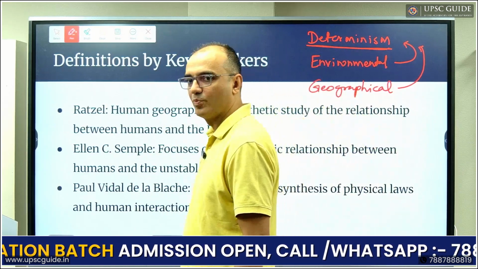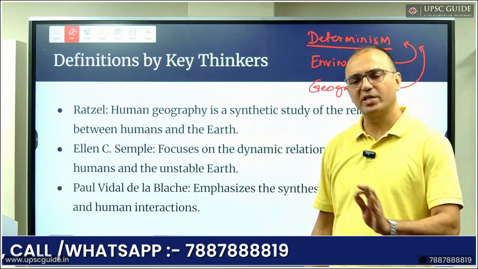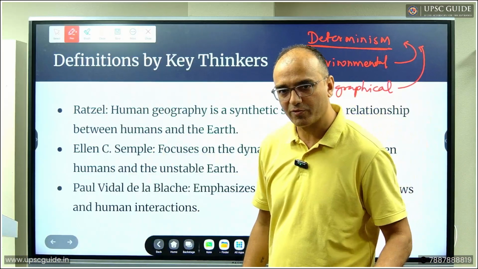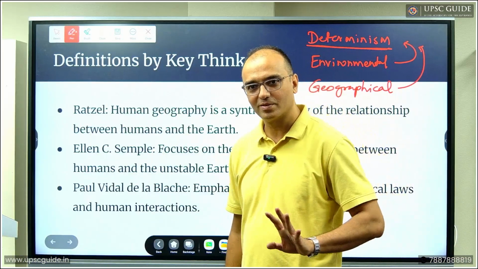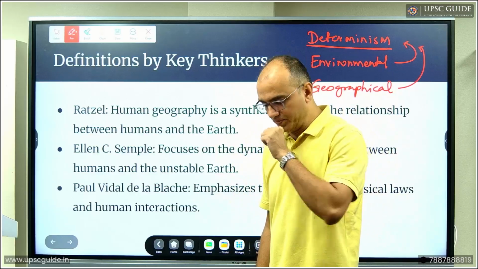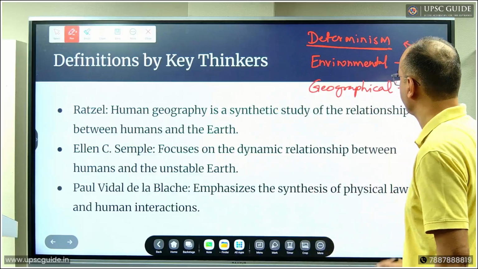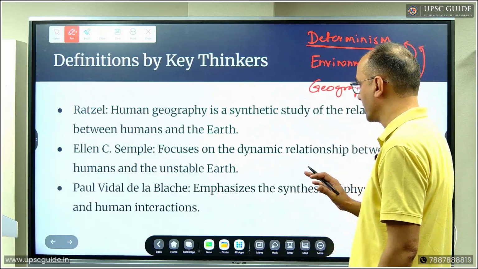The third and the most important, Paul Vidal de la Blache. Again, आपको एग्जाम के लिए ये याद रखने की जीएस के लिए जरूरत नहीं है. If you are from geography optional, this is a must for you. But for GS, just remembering the thought is good.